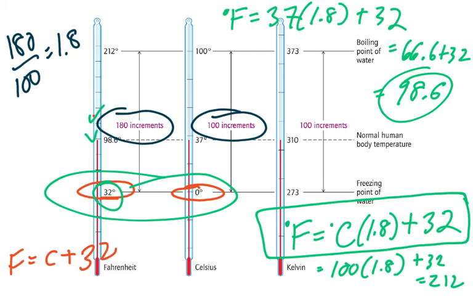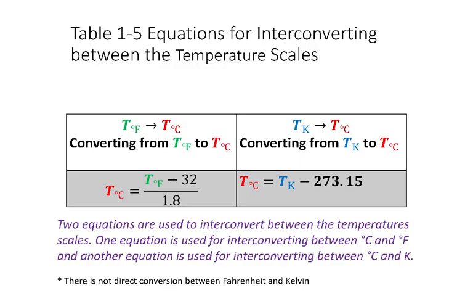Now, if you wanted to go the other direction, like let's say you have Fahrenheit and you want to get Celsius, you can work backwards and you'd end up with this right here, and I'll show you where that comes from. So remember we'll now use this notation, T_F is equal to T_C times 1.8 plus 32.